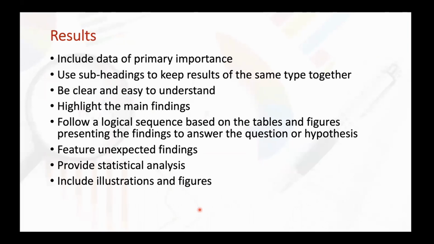Now coming to the results. Results are actually the most important part of a research paper, where you explain what results you obtained and what your research finding was. Based on the analysis, you separate the results into different categories, put different subheadings, and explain them one by one.